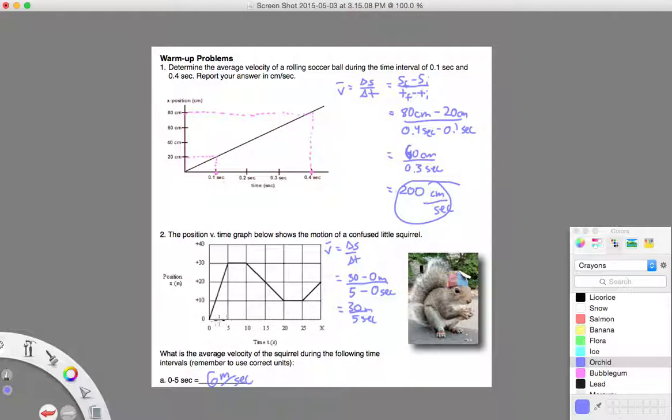But because we specify a time interval, it's not going to be an instantaneous velocity. It's going to be an average velocity. Okay? All right. And so that's a change in position over a change in time.